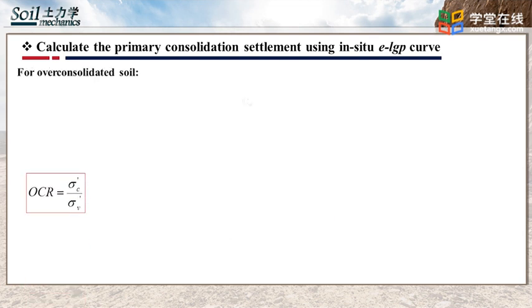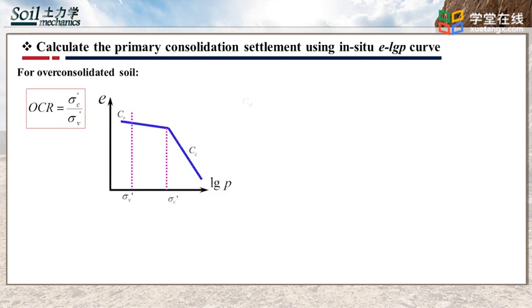For the over-consolidated soil, two cases should be distinguished. One case is that under the stress increase delta sigma, the final effective pressure is less than or equal to the pre-consolidation pressure. Change in void ratio of the soil will take place only along the in situ recompression curve.